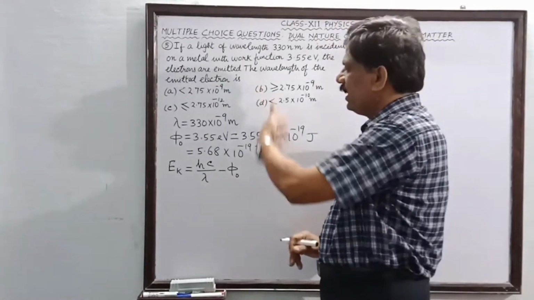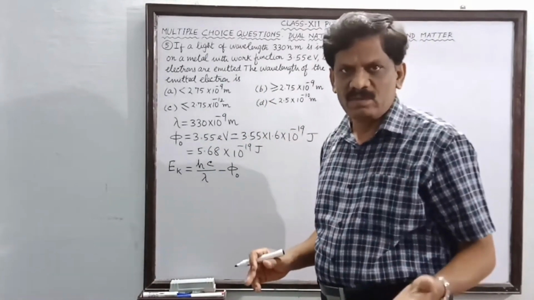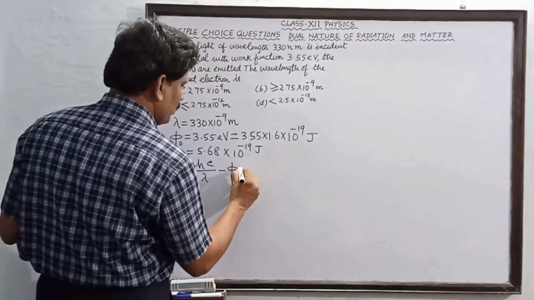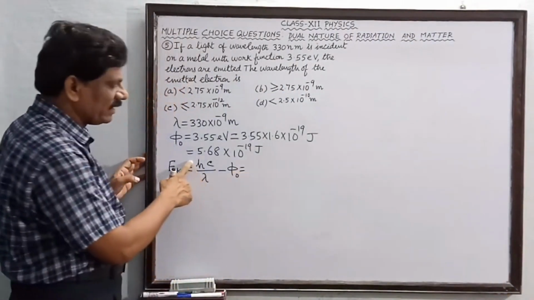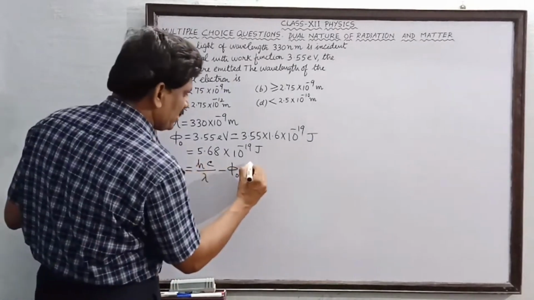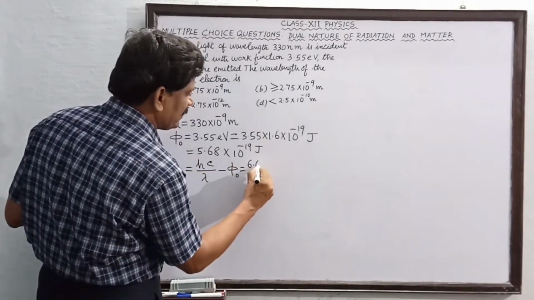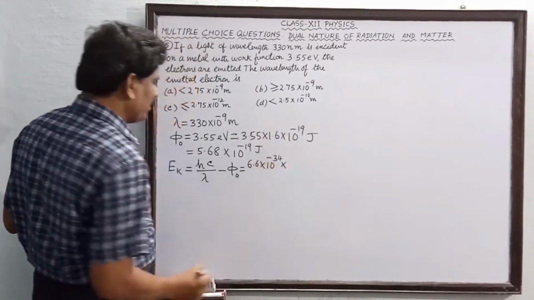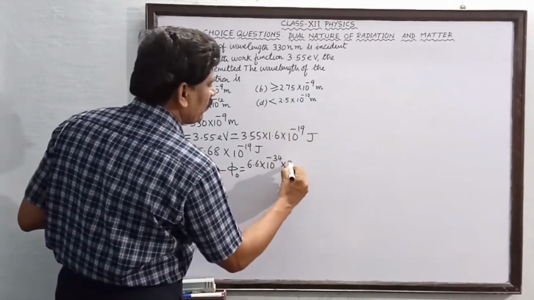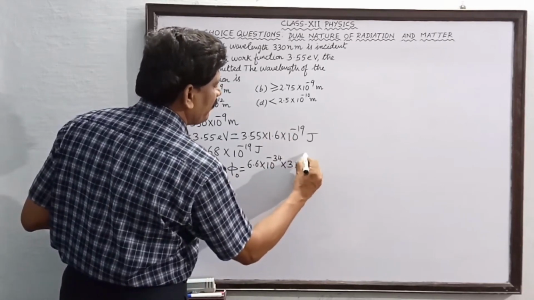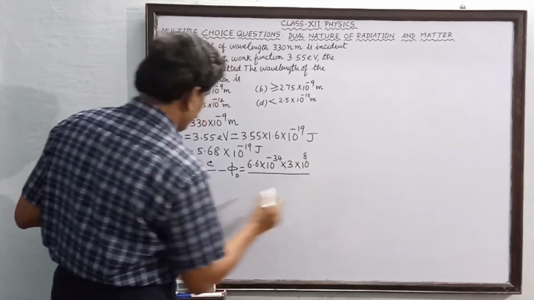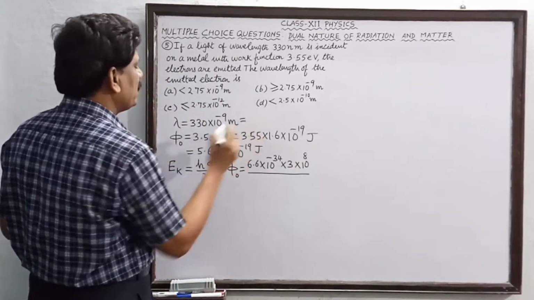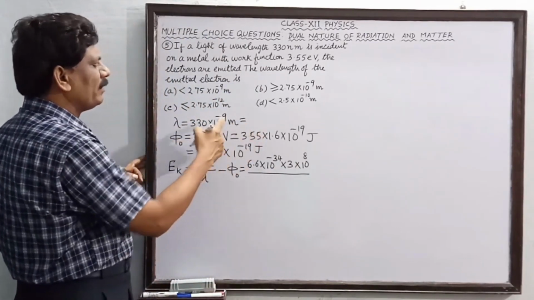So all the values are given. I am going to substitute. Okay, students, h is the Planck's constant. So this is now equal to h into c divided by lambda. What is h? 6.6 into 10 to the power of minus 34 multiplied by 3 into 10 to the power of 8, divided by lambda, which is 330 into 10 power minus 9.